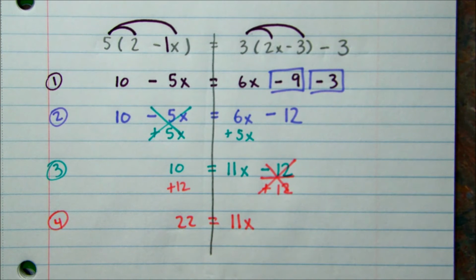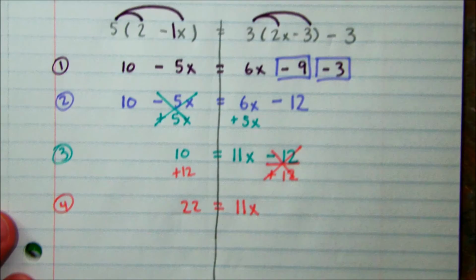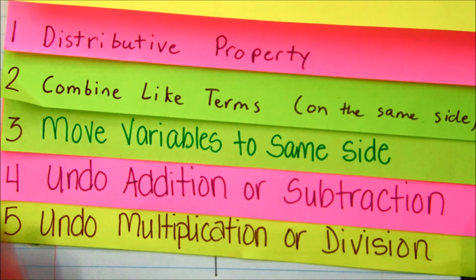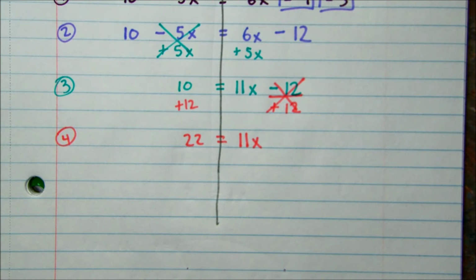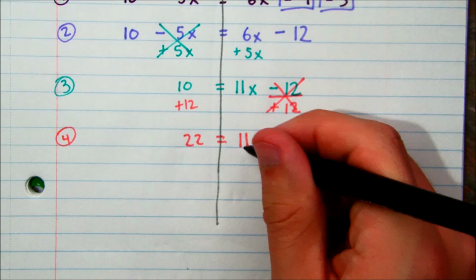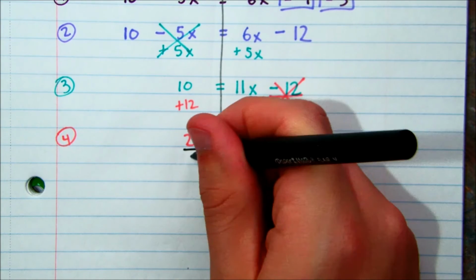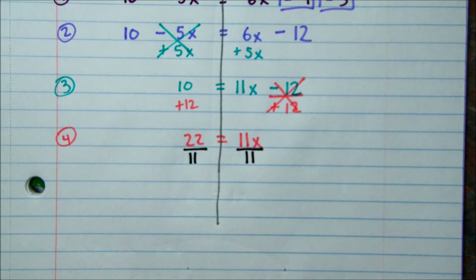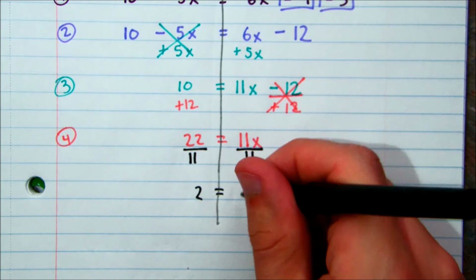Now there's only one step left on our foldable, and that is to undo multiplication or division. This one is pretty straightforward. Since I have an 11x here, this is 11 times x. So I'm going to undo that by dividing by 11. Now here's why this works. When I do 11 divided by 11, I get 1x.